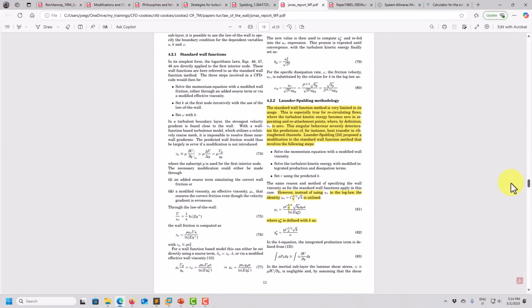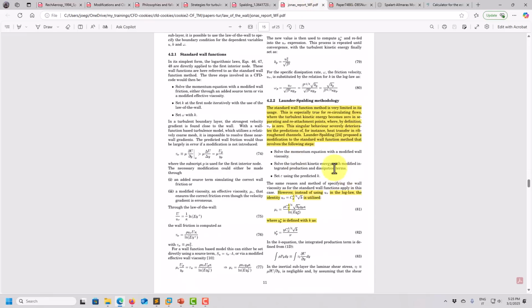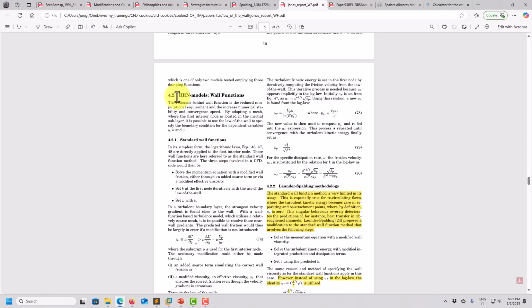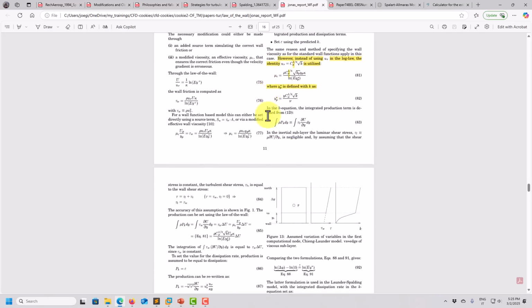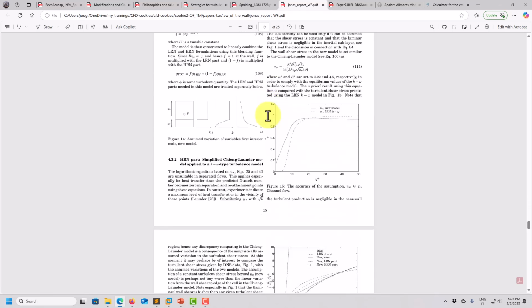There, the Launder Spalding methodology. Here you have the equations, how things are done, a nice explanation, and how to derive these equations as well. Here you have the high Reynolds wall functions. Then they also talk about low Reynolds and different treatments and a lot of stuff.